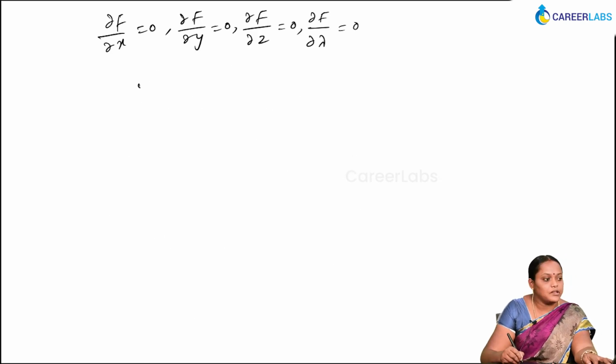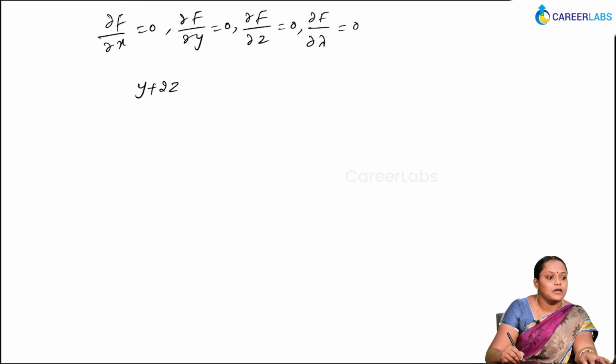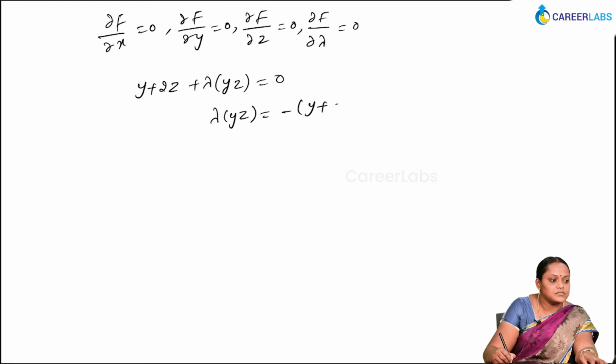So when dou f by dou x equal to 0, you will get y plus 2z plus lambda times yz equal to 0. So this is lambda yz is equal to minus of y plus 2z, or we can write lambda equal to minus of y plus 2z divided by yz.